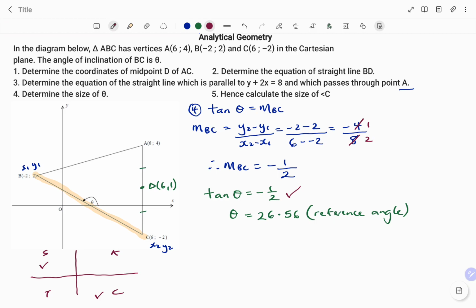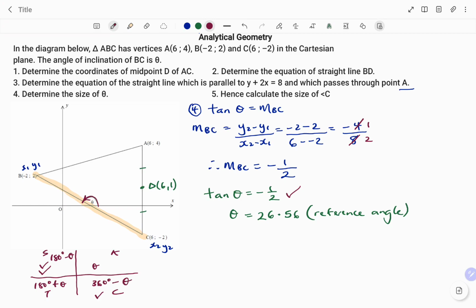Also, note that the angle of theta as shown is an obtuse angle. To have an obtuse angle, I'm only going to have it in this segment. And in this segment, I have 180 degrees minus theta. I have this as theta. I have this as 180 plus theta. I have 360 minus theta.